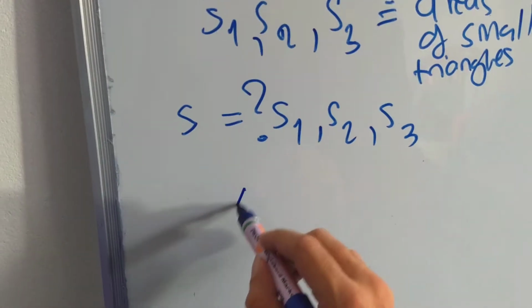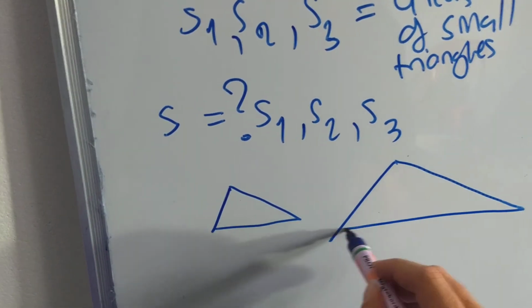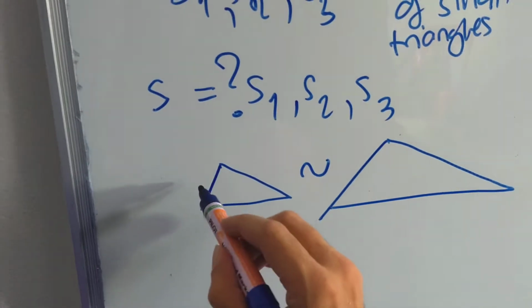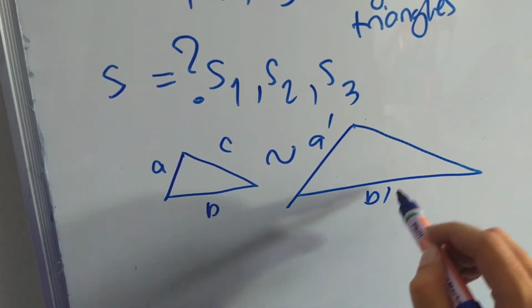First, we need a little theorem. We have this little triangle and a big triangle, and we say that they're similar. And this is side A, B, C. Let's say this is A prime, B prime, C prime.